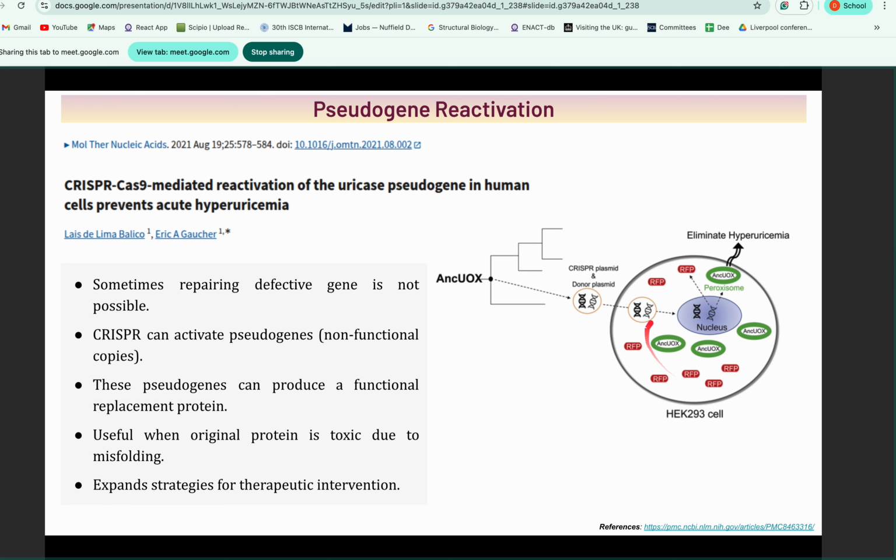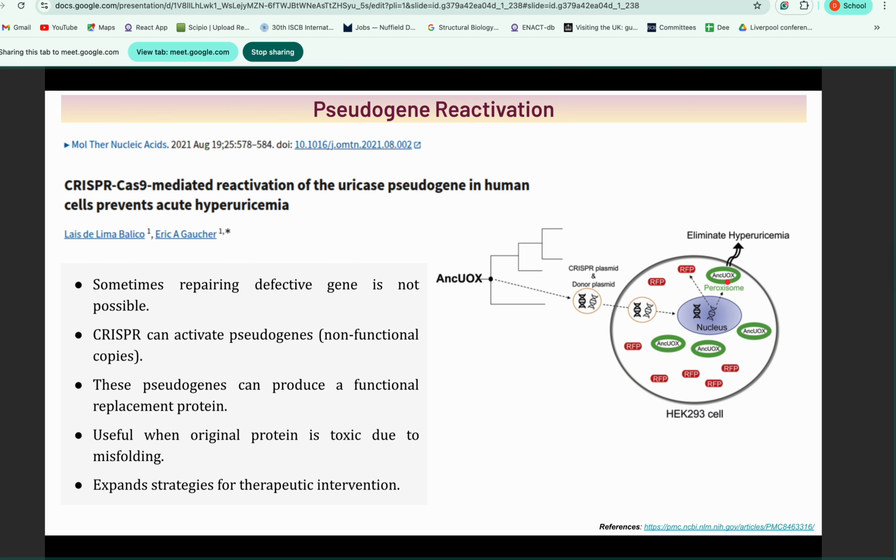Okay, so this is how they have mentioned the CRISPR and donor plasmid. This plasmid has entered into the host. Now this particular gene gets incorporated into the nucleus, and then it will get moved to the peroxisomes, because this particular uricase gene might get expressed in the peroxisome.